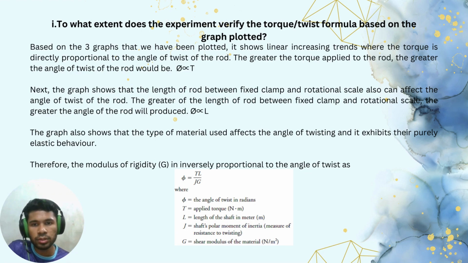The graph also shows that the type of material used affects the angle of twist and it exhibits purely elastic behavior. Therefore, the modulus of rigidity G is inversely proportional to the angle of twist, as theta, which is the angle of twist in radian, equals TL over JG.